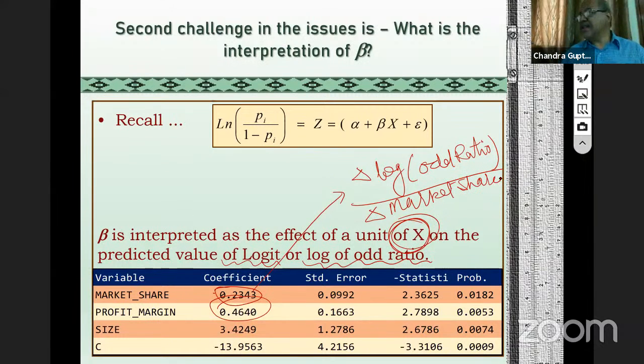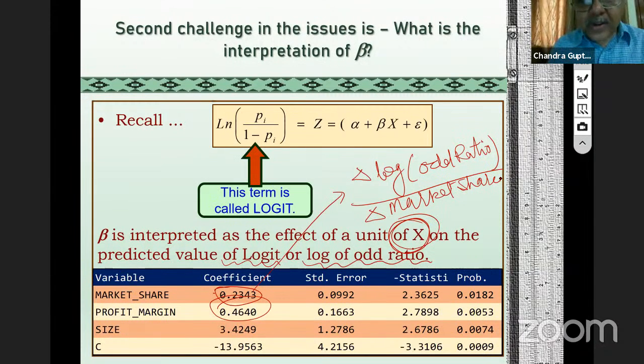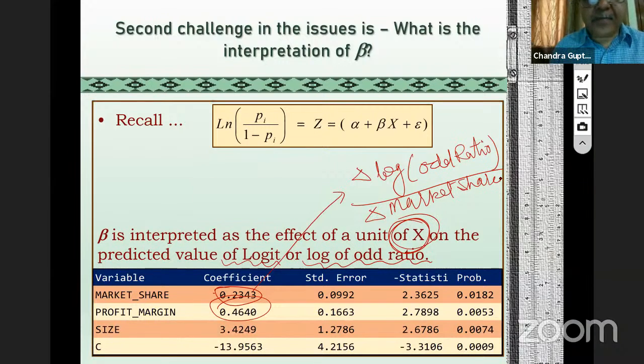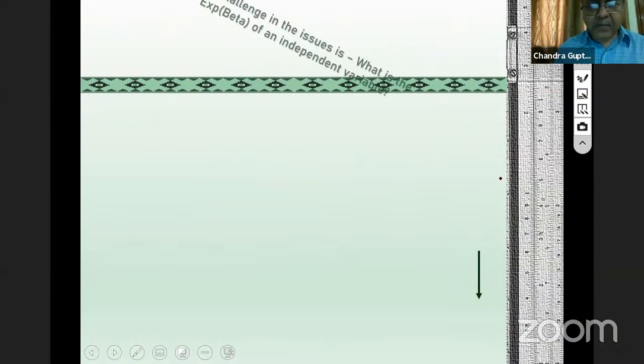That's how we understand this. Okay? And you know what we are doing? We are trying to understand each and every part of the output which we get to get more clarity about it.